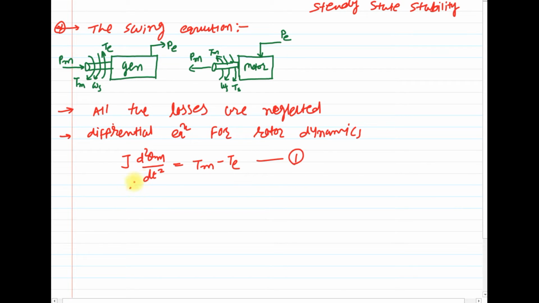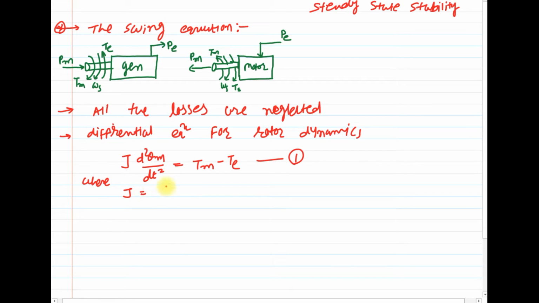This equation indicates that if my rotor rotates with the moment of inertia of J with a mechanical angle theta m, then the machine will produce or generate Tm minus Te torque. Clear?